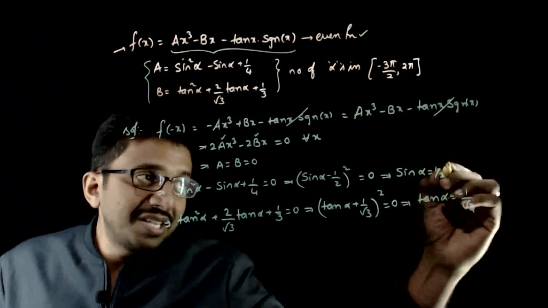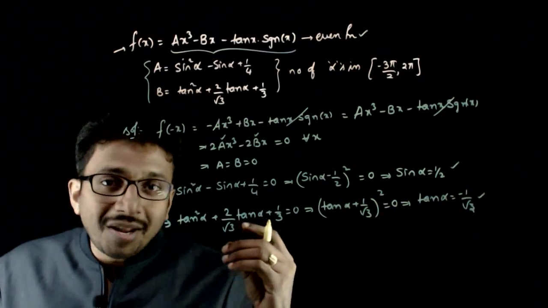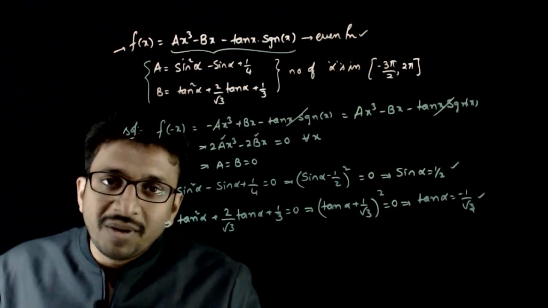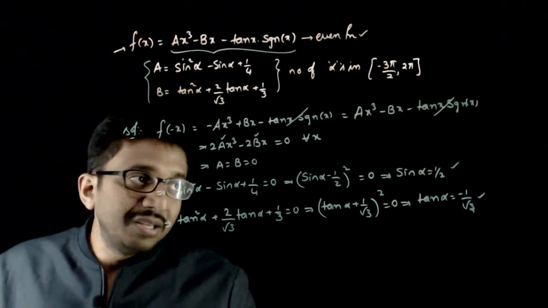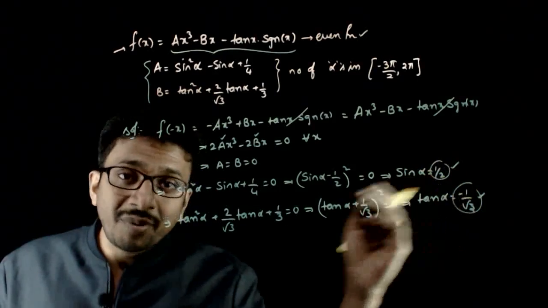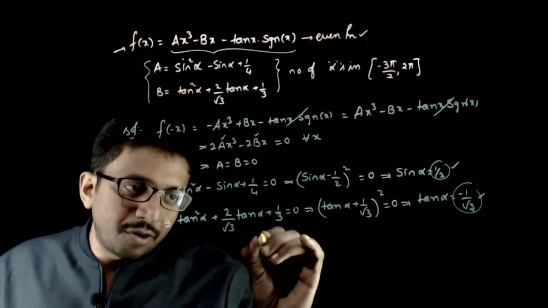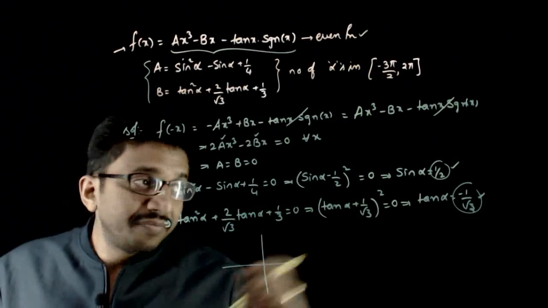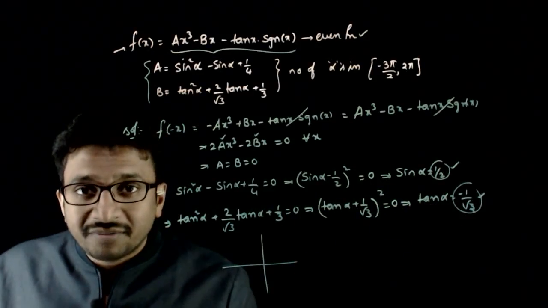So now let us look at these two values. I want an alpha such that sin alpha is 1 by 2 and tan alpha is minus 1 by root 3. Obviously 1 by 2 and 1 by root 3 are related to 30 degrees. So if you draw the quadrant diagram, I want my sin alpha to be positive and tan alpha to be negative.